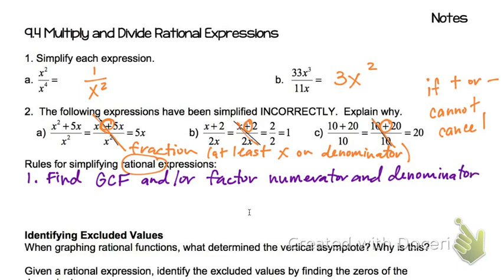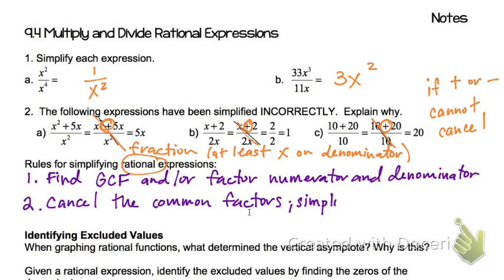So basically you're going to isolate the top, factor GCF, and then isolate the bottom, factor GCF. So basically simplifying top, simplifying bottom. Second step is you can cancel the common factors, and simplify what is left.